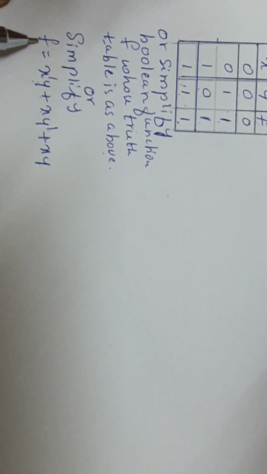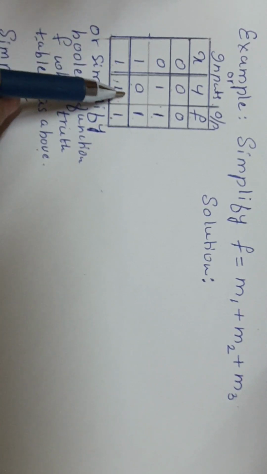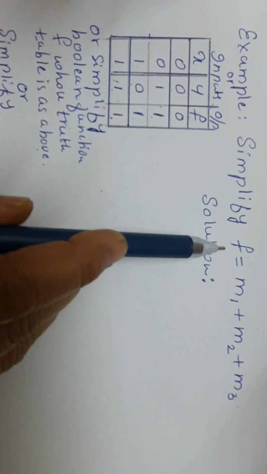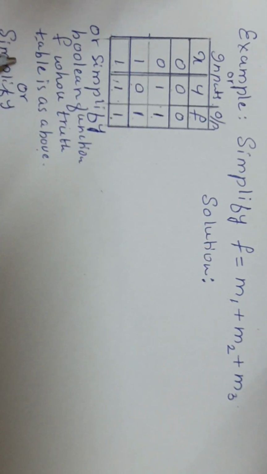So instead of asking f equal to m1 or m2 or m3, using the input literals they have written it here. So simplification of this function, of the boolean function given in the truth table, or of the given function f, all are one and the same, just the way of asking or expressing is different.